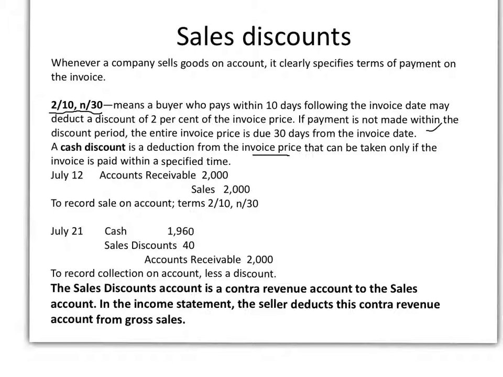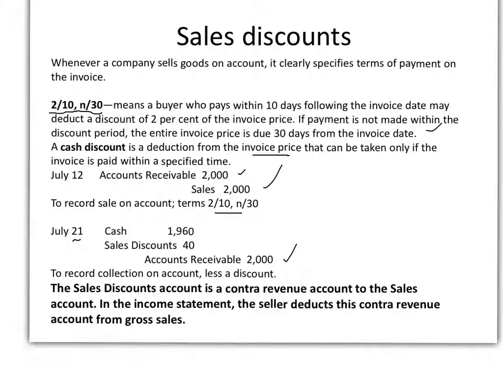So let's assume now on July 12th, I sold to a customer on account: debit accounts receivable, credit sales, straightforward. The terms are 2/10, net 30. On the 21st, which is 9 days later, the customer pays me. Well, because he pays me, he cancels his accounts receivable.